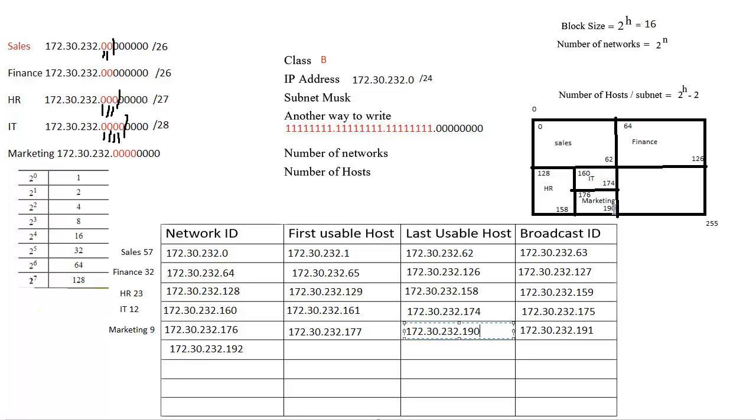Last usable host 190. And this unused portion, its block size is the same as the sales department block size. I mean, its block size was 64. If you add 64 here, that will be 192 plus 64, which is 256.